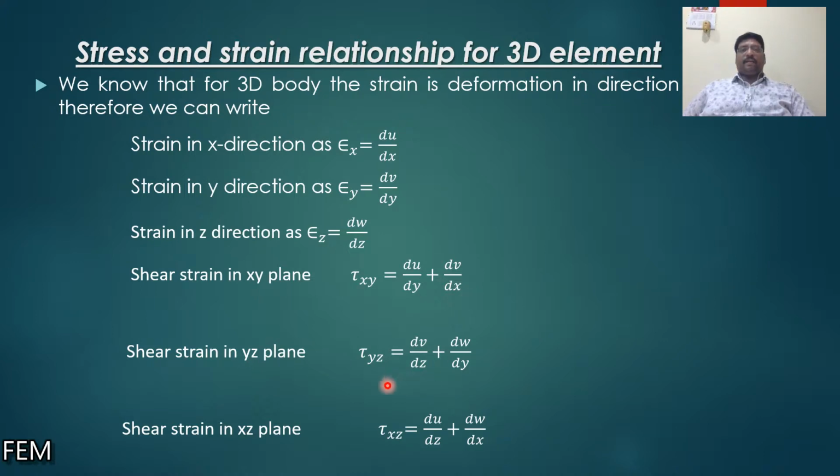Similarly, I can write γyz = ∂v/∂z + ∂w/∂y, γxz = ∂u/∂z + ∂w/∂x. So this is the strain and displacement relationship for the axial strains, and this is the relationship between the strains and displacement for shear strains.